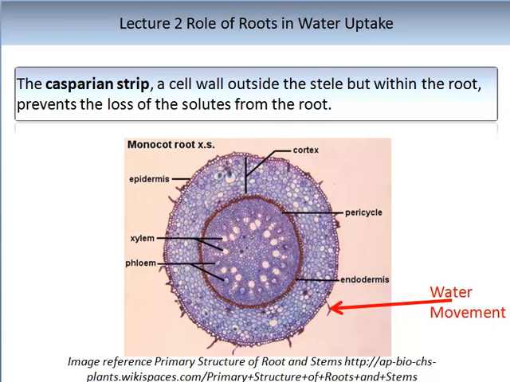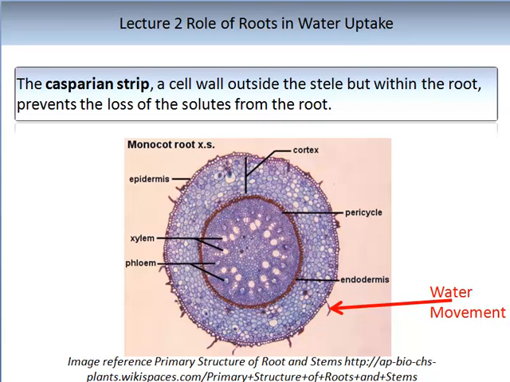The image on the slide is from a monocot root section. It's a cross-section of this root. Other areas I'd like to draw your attention to are the cortex, which is the area between the epidermis and the endodermis. The endodermis contains the Casparian strip, which is a cell wall just outside the stele.